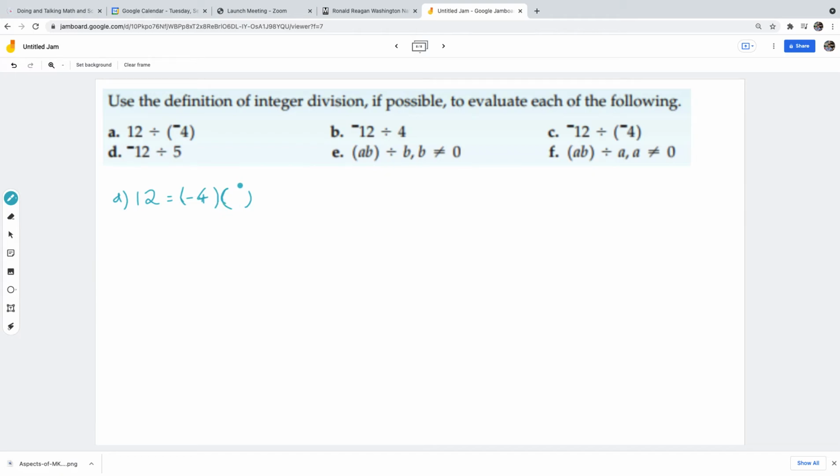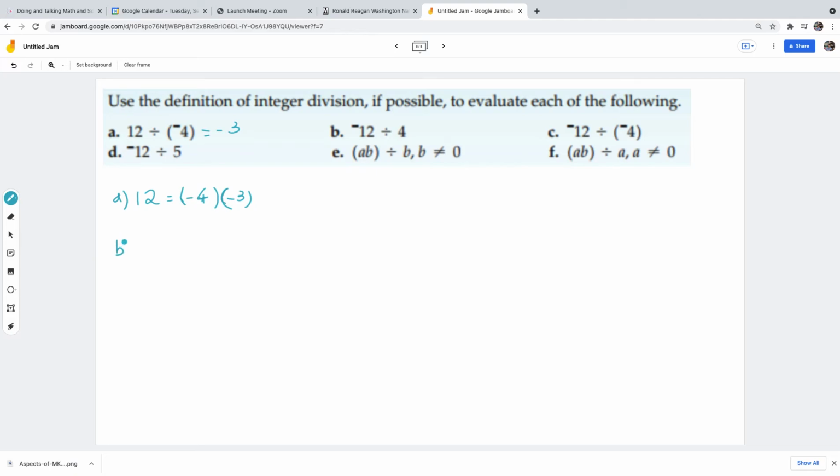Is there any integer that is multiplied by negative 4 to get 12? Yes, right? Negative 4 times negative 3 is positive 12. So yes, there exists an integer that makes this statement true. So the quotient is negative 3, right?